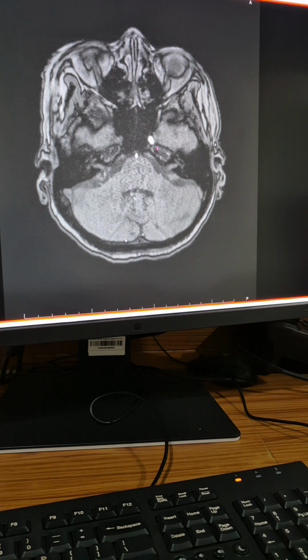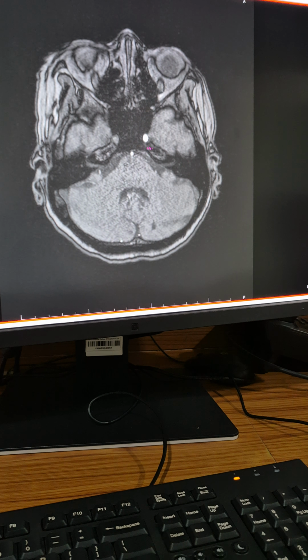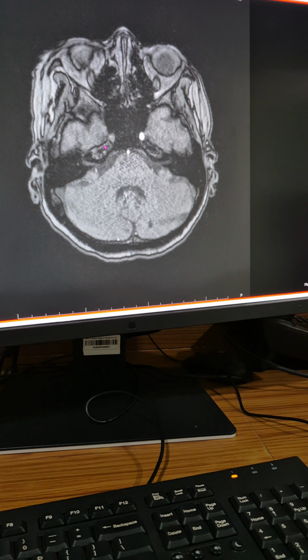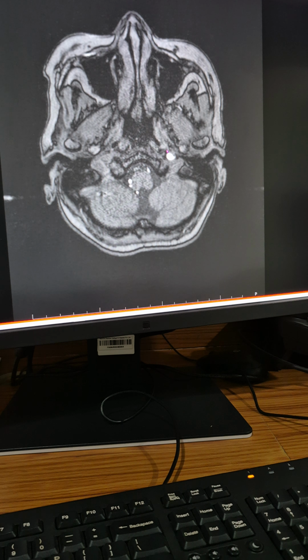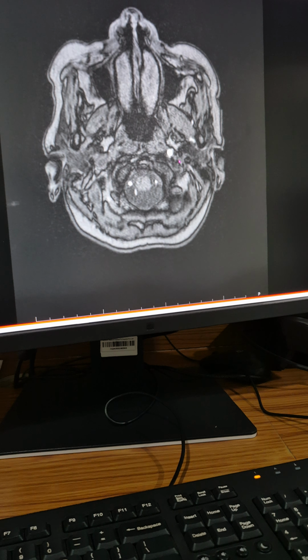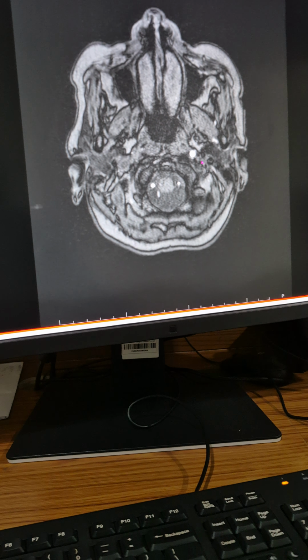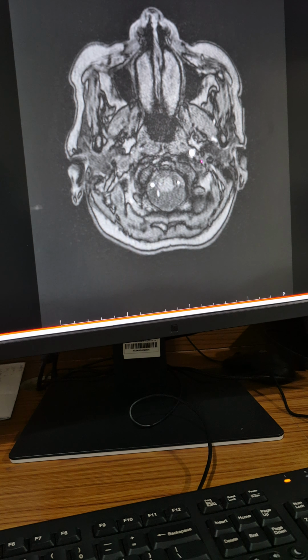As I scroll further down, there is good visualization of the ICA on the left, not so good on the right. And as I go further down, I find that the ICA from the cervical segment is completely occluded. So this is a very good case of right middle cerebral artery malignant infarct.